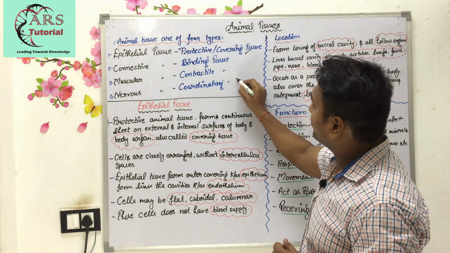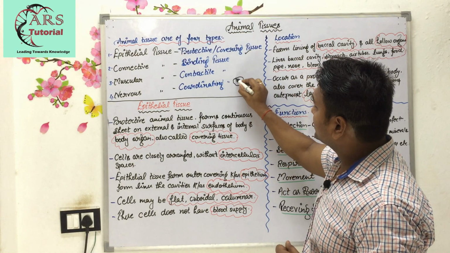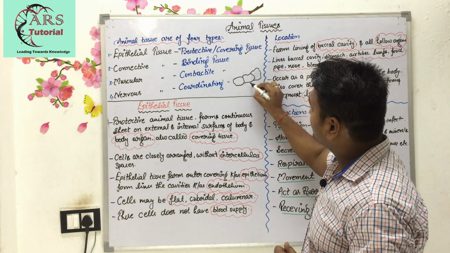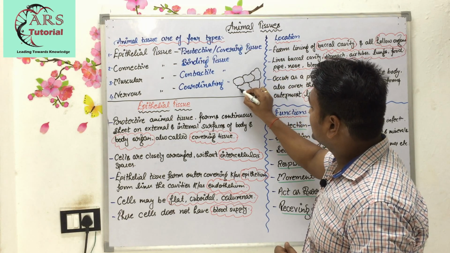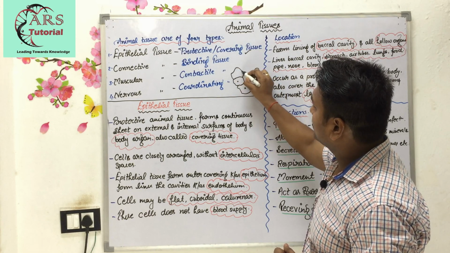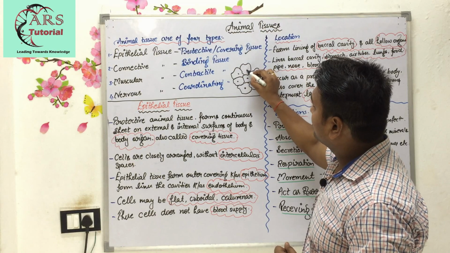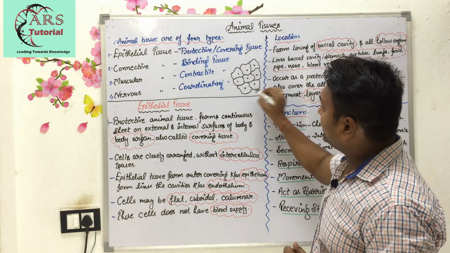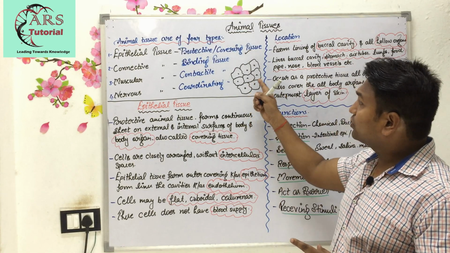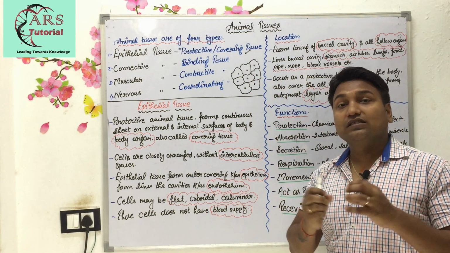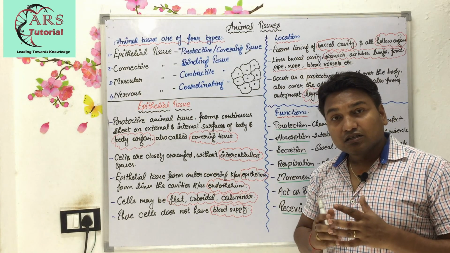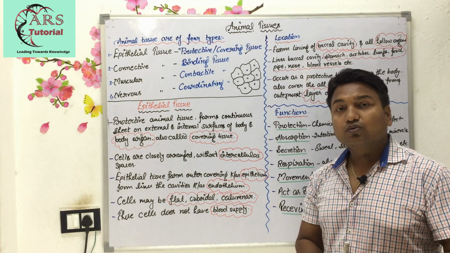If I draw the diagram of epithelial tissue, something like this, when we discuss the types, you will easily identify it. In this diagram you can see that it forms a continuous sheet first of all, and second, there is no intercellular space between two epithelial cells. That's why I have written this point.